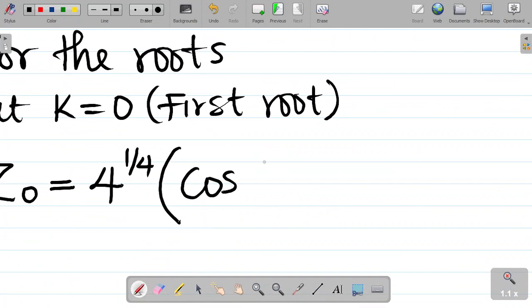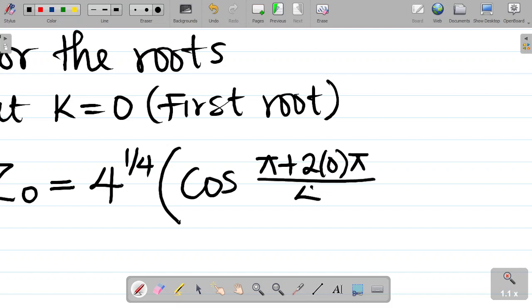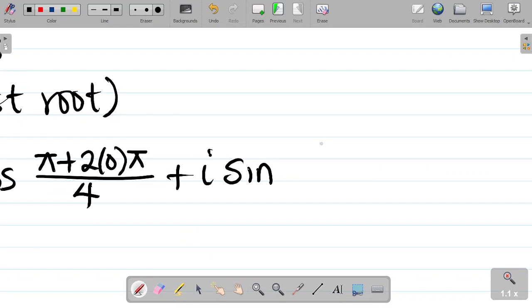Becomes pi plus 2 into k, and k is 0, as we said, you can see it here. So this into 0 and then pi, so we have pi all over n. N is 4, plus i sine of the same thing, like the same thing here. That becomes pi plus 2 into 0 times pi, all over 4.